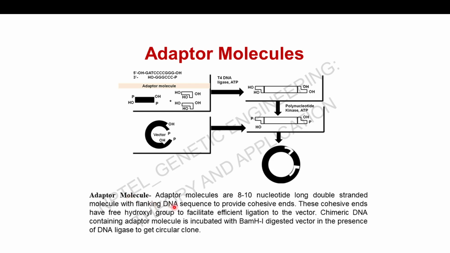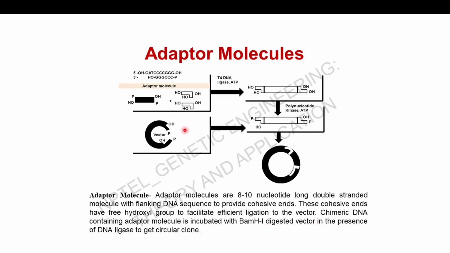Okay. Adapter molecules are 8 to 10 nucleotide long double-stranded molecules. These are the ones being talked about, with flanking DNA sequence to provide cohesive ends. These are the cohesive ends, these protruding ones. Okay. These cohesive ends have a free hydroxyl group to facilitate efficient ligation to the vector. Chimeric DNA containing the adapter molecule is incubated with BamH1 digested vector.